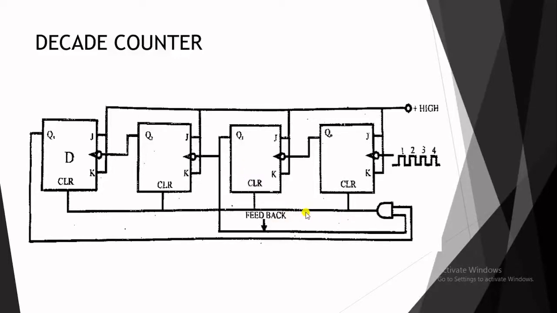So here the AND gate output is connected to the clear input of each flip-flop, so it resets all the flip-flop stages in the decade counter. This means the pulse after count 9 will again start the count from 0000. Understood? So this is the working of the decade counter. Now let's see the timing diagram.